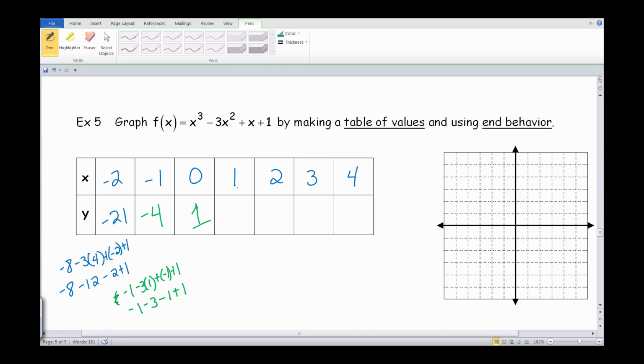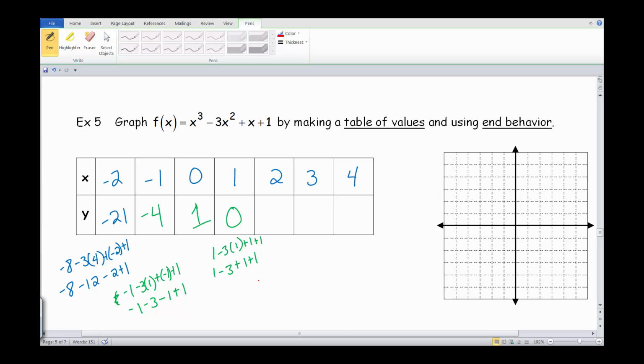If we plug 1 in, we end up with 1 cubed is 1, minus 3 times 1 squared is just 1, plus 1 plus 1. So this comes out to be 1 minus 3 plus 1 plus 1, which comes out to be 0. Throwing 2 in there, we'll change up colors so we can see a little bit better.